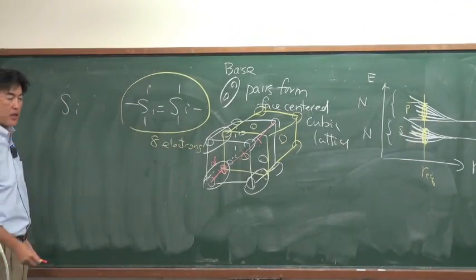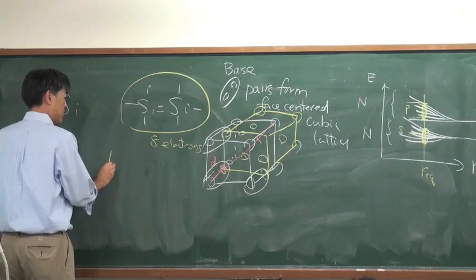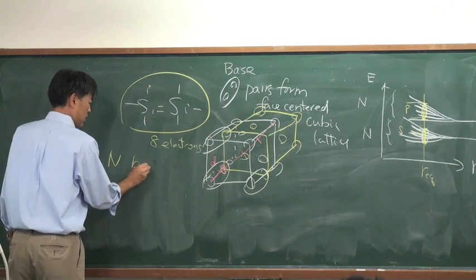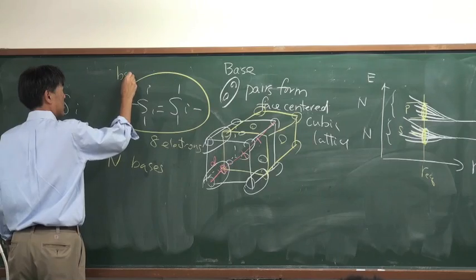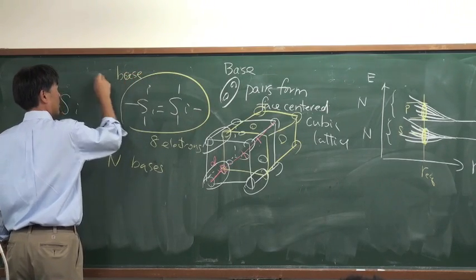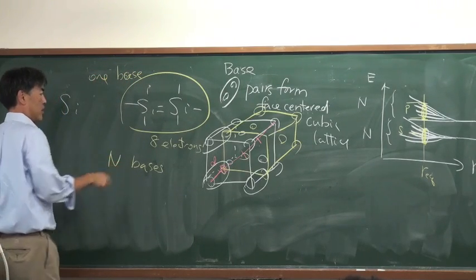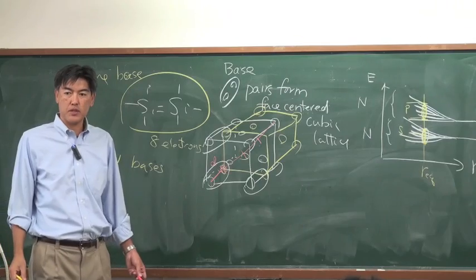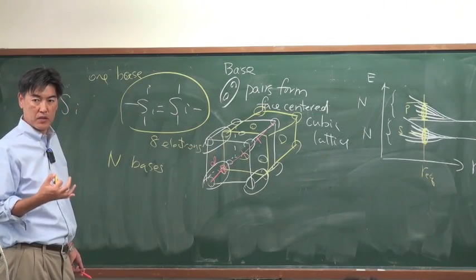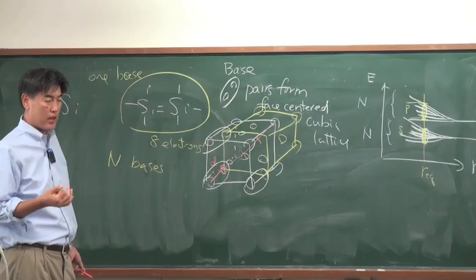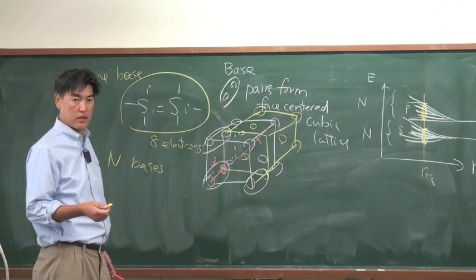And in a real crystal, there are N bases. So each basis, this is one basis, and there are N bases in a crystal. So therefore, the total number of electrons is 8N. Okay?